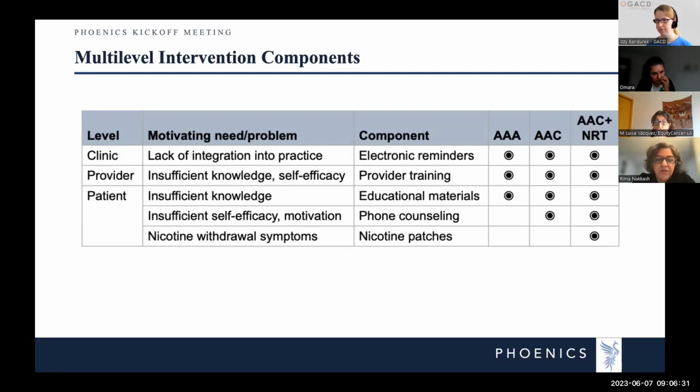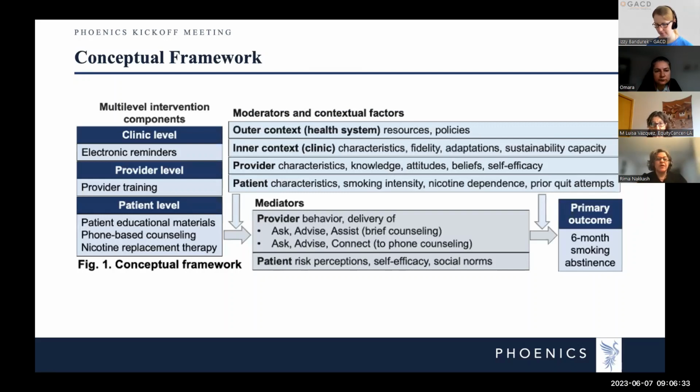So we have thought about a framework to address the various contextual factors at the health system level. We're working with what they call focal points in each of the primary healthcare centers.